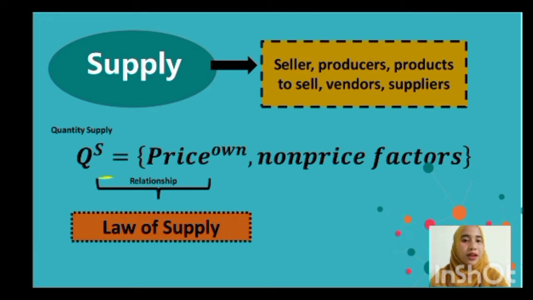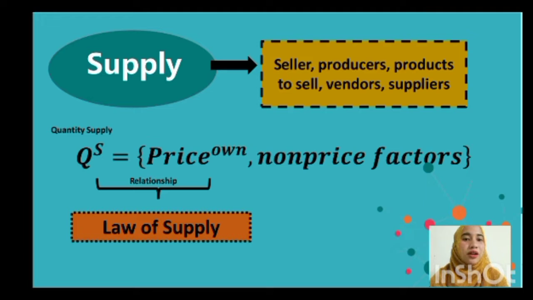The quantity supply, its quantity, and the relationship, what will be the result if this quantity decreases or increases, at the same time its relationship to its price.